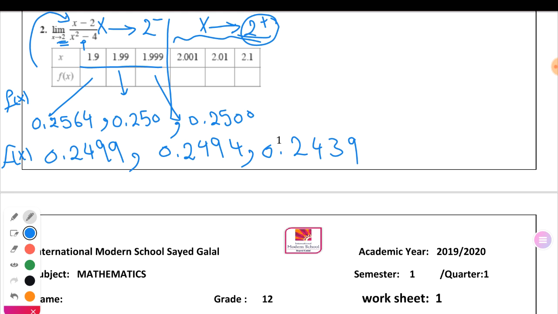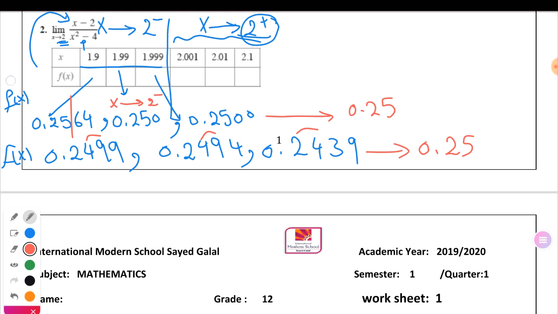Here, when x approaches 2 from the left, f(x) approaches approximately 0.25. Sometimes we can round, and sometimes it is so clear: 0.25. Here, if we round, it will be 0.25, 0.25, 0.24, but it's also close to 0.25.